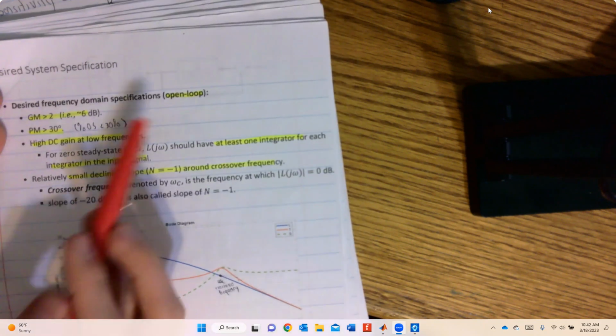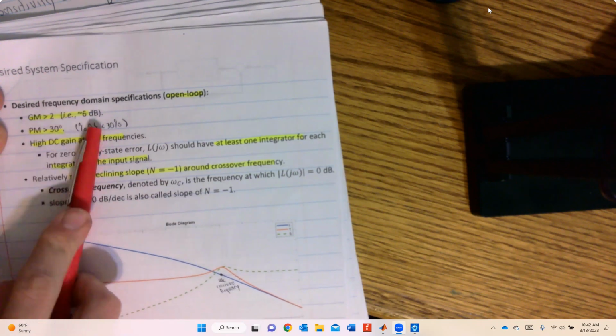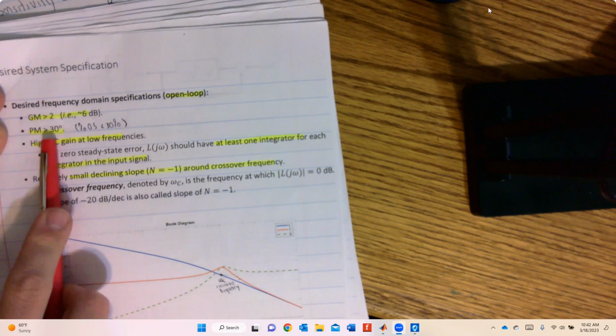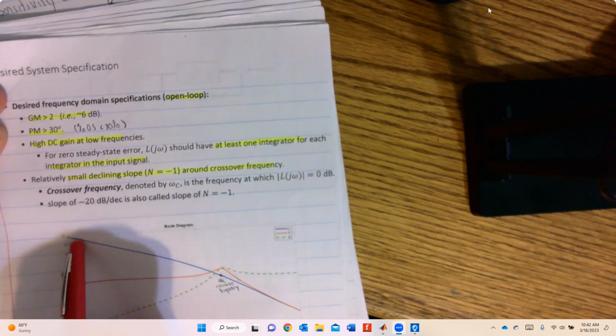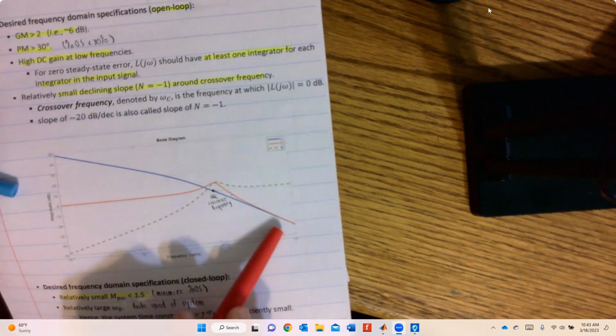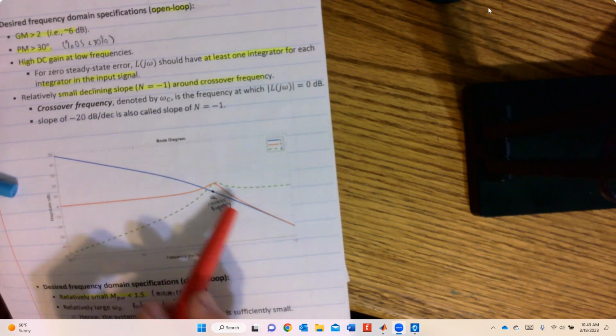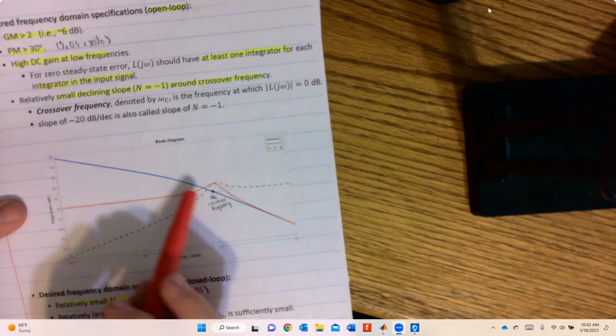And so what we look at within this plot is, for an open loop, we like the gain margin to be greater than 2, and that's about 6 dB. We like the phase margin to be greater than 30 degrees. So this is what we try shooting for in our designs. And we want a high gain at low frequencies to reduce the steady state error. We want it to decline a lot after the corner frequency, so we want a declining slope at our corner frequency.